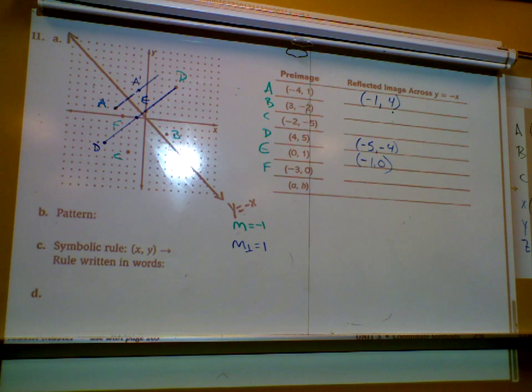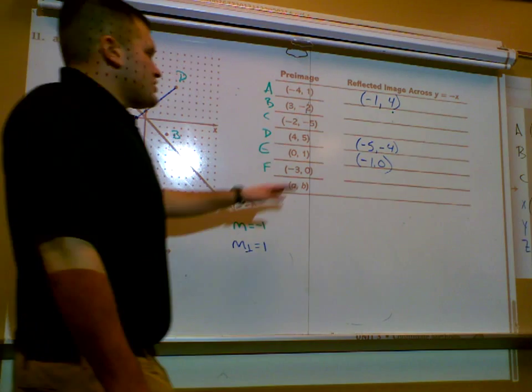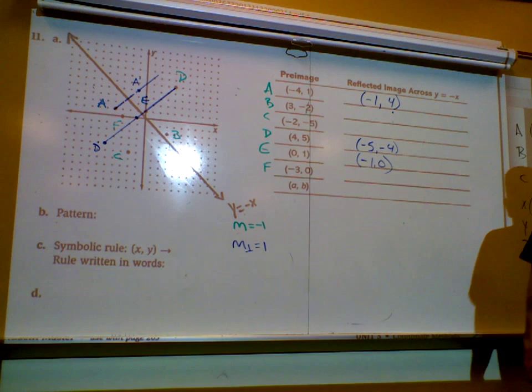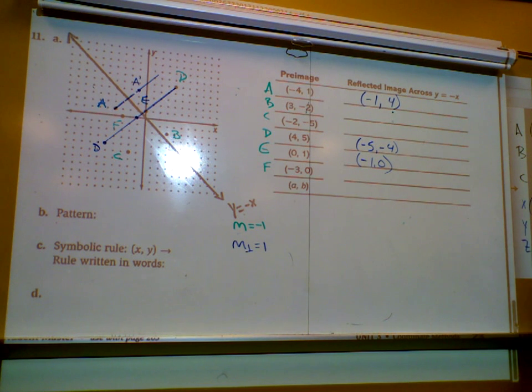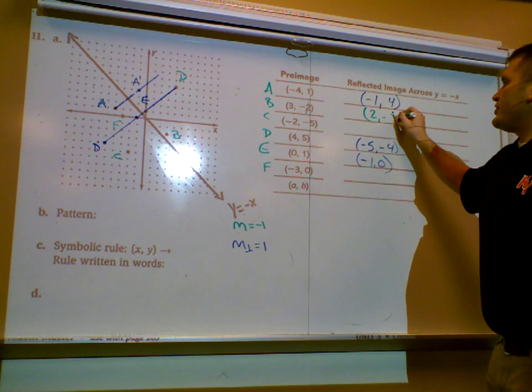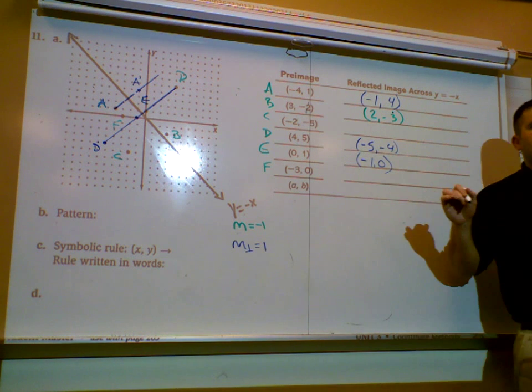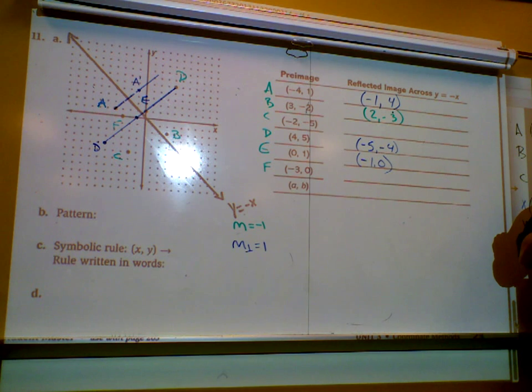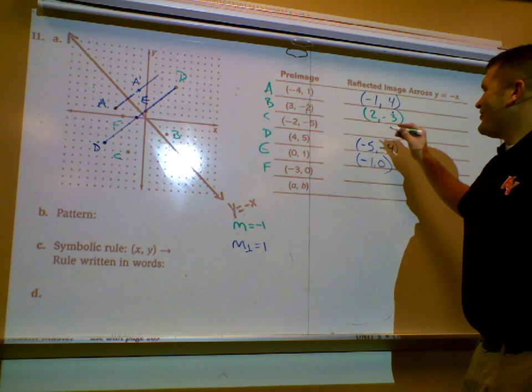You do not need to draw the perpendicular lines if you don't want to. That's fine. All right, so B, C. Raise your hand if you know B. Yovanik, what'd you get? 2, -3. Good. C. 5, 2. Long, what is it? 5, 2. Thank you.